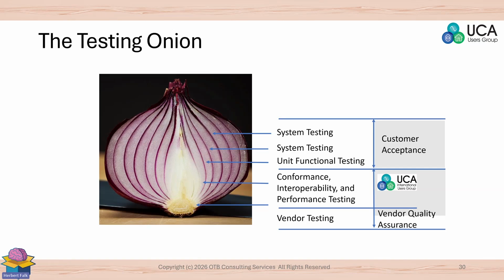UCA has a huge role in doing conformance and interoperability testing. Conformance testing is, in my mind, an extension of the vendor quality assurance program, and system testing and unit functional testing is really a customer acceptance issue.